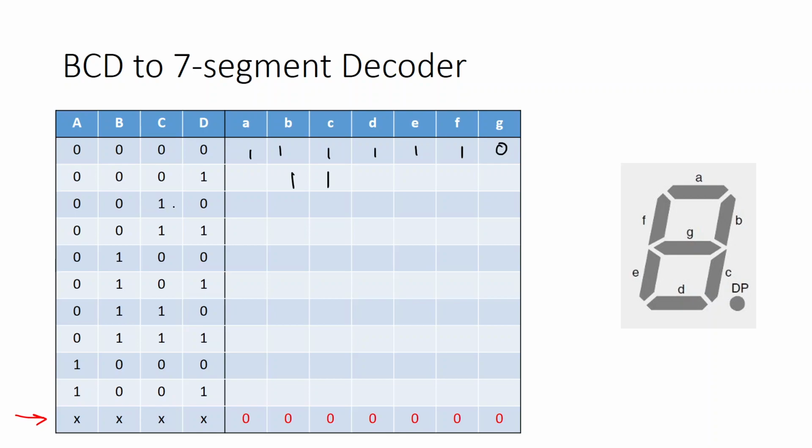When we have 0010, then 2 comes like this. So A, B, G, E, D will be activated. Then for 3, F and E will not be activated, others will be activated.